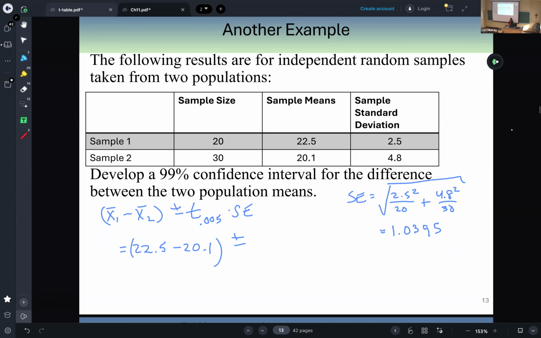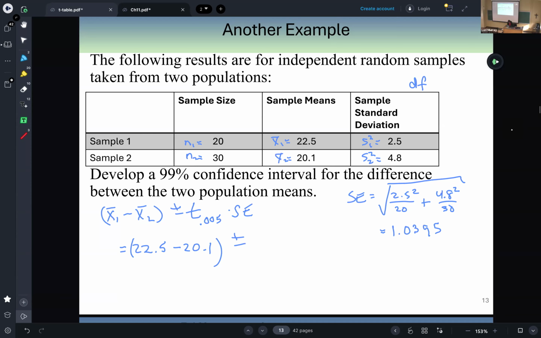What should the degrees of freedom be here? So this is your n1, this is your n2, this is your sample mean, this is your sample mean. So what degrees of freedom should I use?